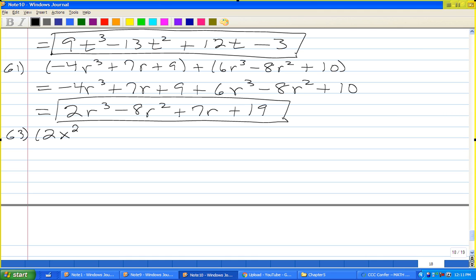Two x squared plus 6x plus 12, 5x squared minus x plus 4.